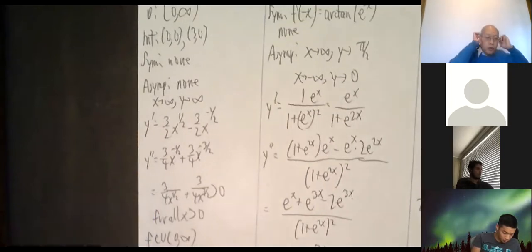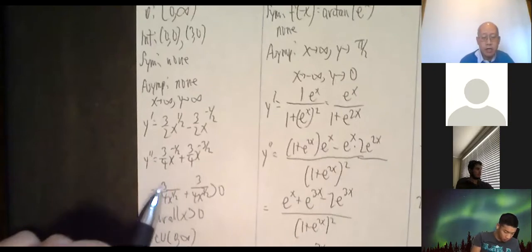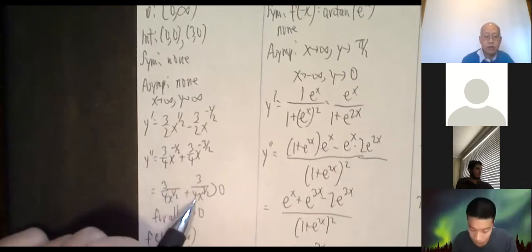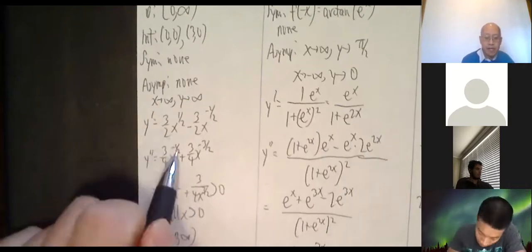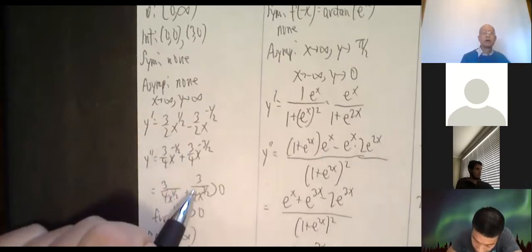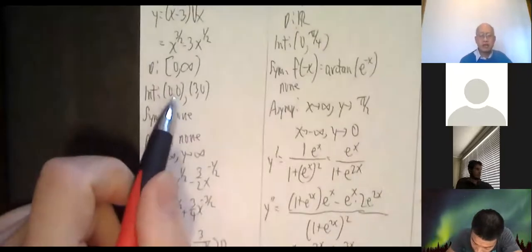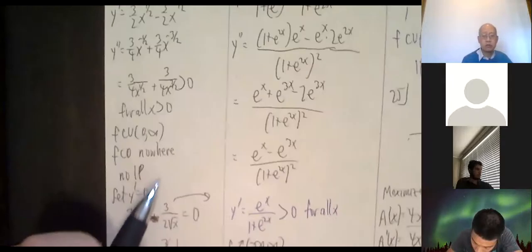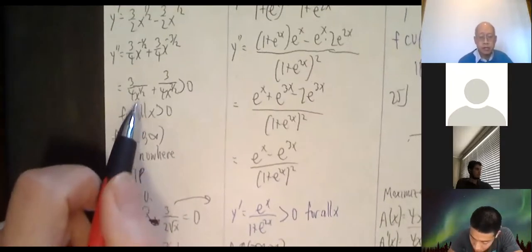Okay, now let's rewrite these. I noticed something for the second derivative. If I write it like this, 3/4 x to the 1/2 plus 3/4 x to the 3/2, the negative exponents mean put them in the denominator, for values of x which are allowed, which are positive quantities, and 0. Okay, 0 is undefined.